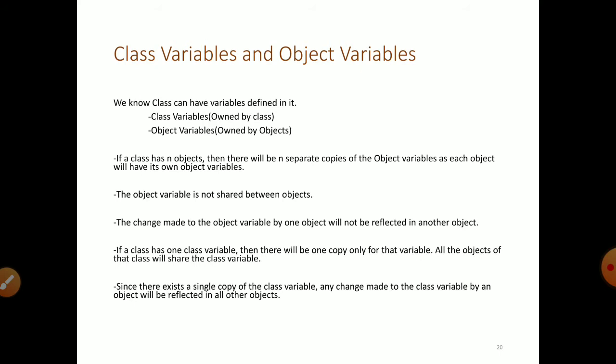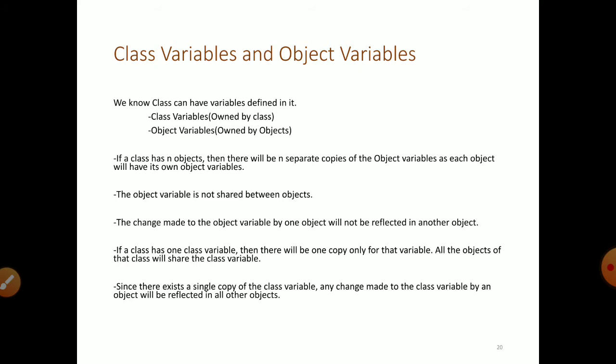The next feature is, if a class has one class variable, then there will be only one copy of that variable. All the objects of that class will share the class variable. It is just the opposite of the object variable. Next, since there exists a single copy of the class variable, any change made to the class variable by an object will be reflected in all other objects.